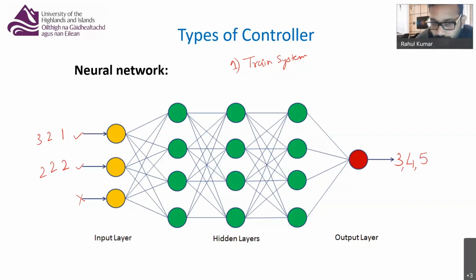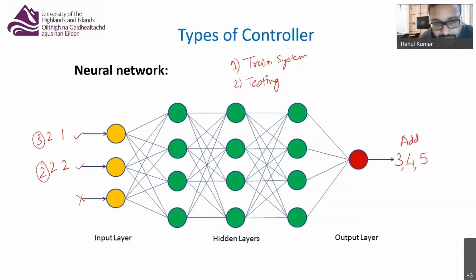So the next time, during the testing phase, if I give two numbers, my neural network has identified that it has to add the two numbers. It has identified the pattern.